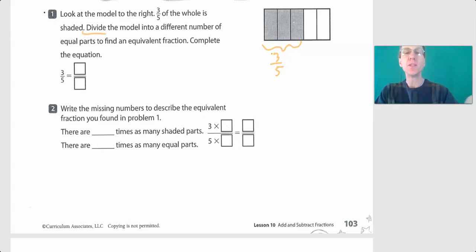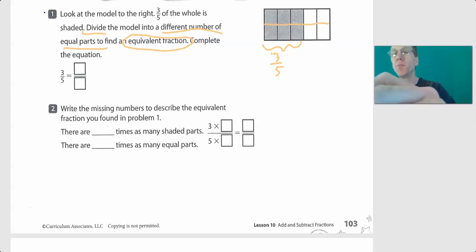Divide the model into a different number of equal parts to find an equivalent fraction. So we're just going to cut the pizza. For example, if you cut that pizza one time, let's take this part off here. Then how many parts to make a whole would you have now? 1, 2, 3, 4, 5, 6, 7, 8, 9, 10. 10 to make a whole.